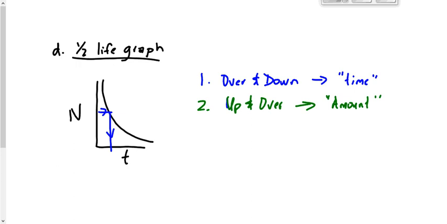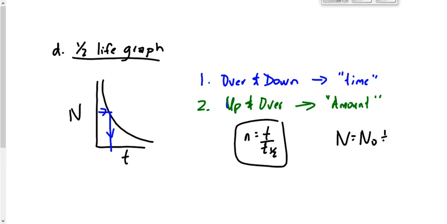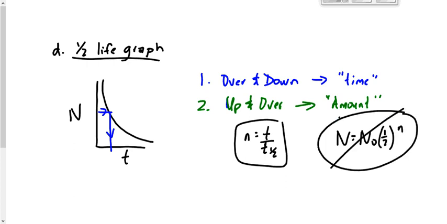And sometimes we actually do have to use this equation as well, along with the up and over and down. But please, for heaven's sakes, guys, do not use this one. Do not use this one. That's a good equation, an important equation, but not here.